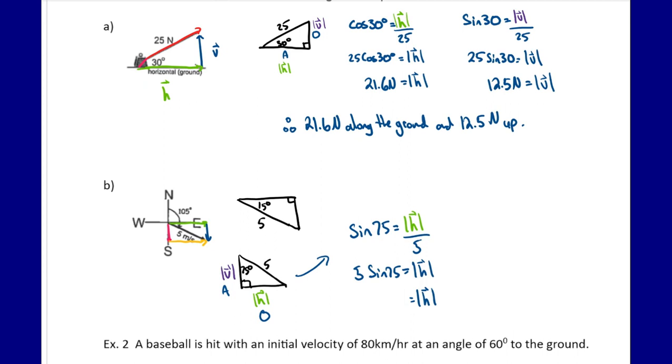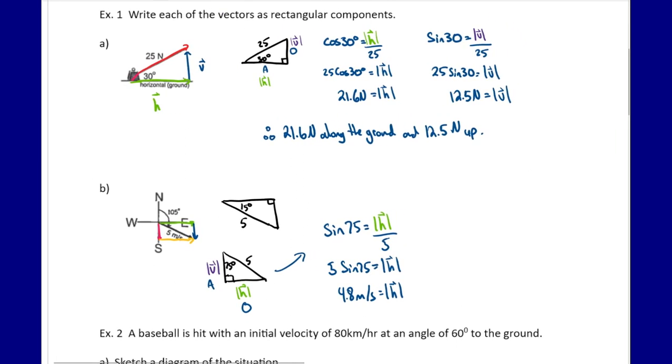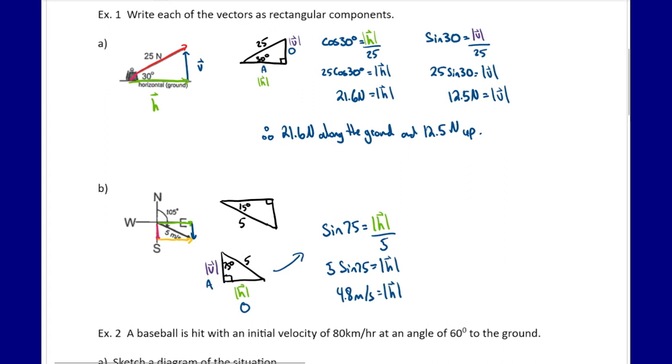I get the horizontal is 4.8, and it's going to be meters per second. Right, so I'm just using whatever units are already given in the vector. So that's my horizontal component. My vertical component, because it's adjacent, is going to be cosine.